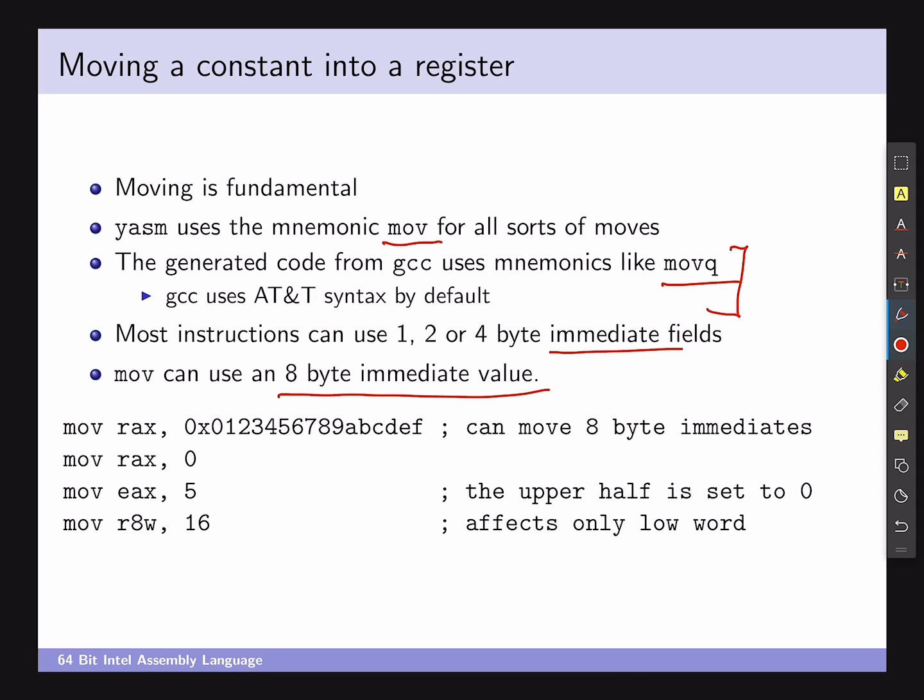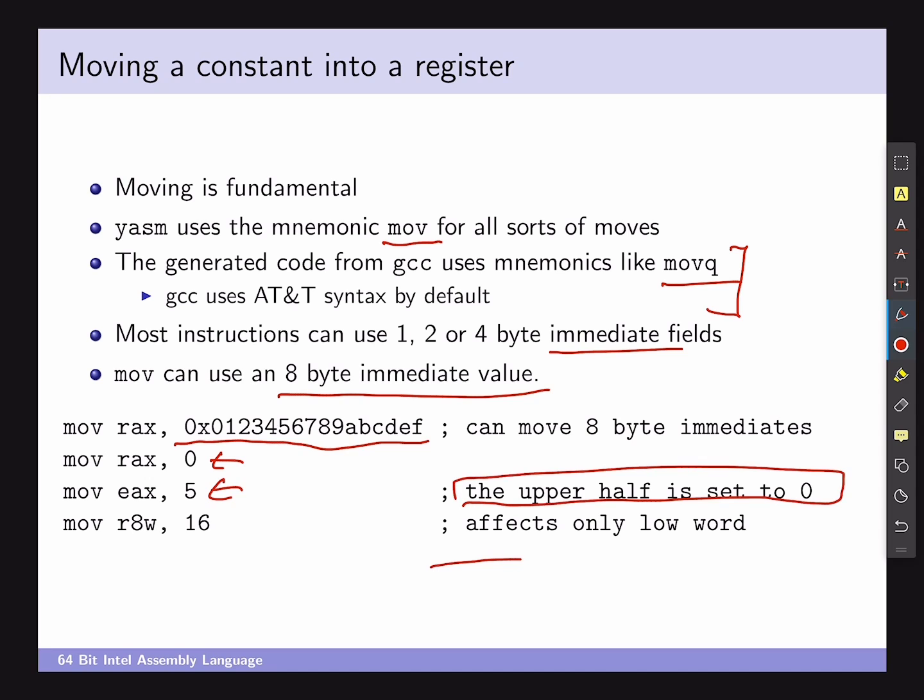Here we see we're going to move a 64-bit value into RAX, and here we're going to move 0 into RAX. Here we're going to move 5 into EAX, which means I'm moving 5 into the lower half of the register. Now this is where the interesting details about 64-bit assembler happen. If I move a value into an EAX register, the default behavior is that the upper half will be set to 0.